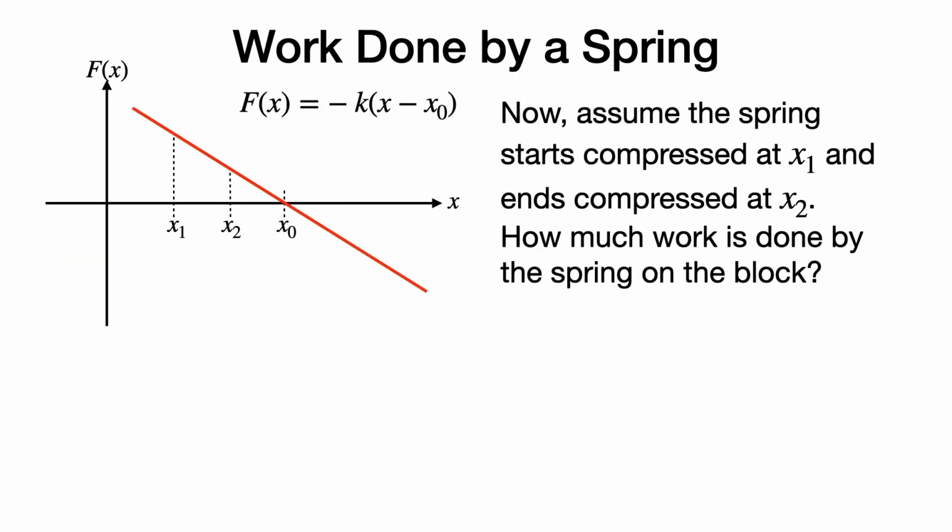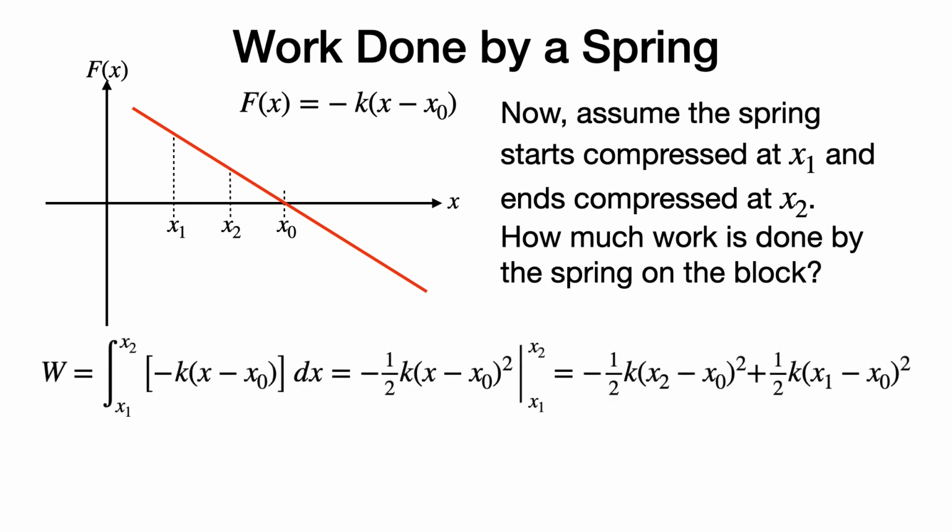Finally, let's consider what happens if we assume the spring starts compressed at x1 and ends compressed at x2. How much work is done by the spring on the block in this case? Again, we write out the work as simply the integral from the starting position, which is x1, to the final position, which is x2, of the force times the infinitesimal displacement, and work out the integral.